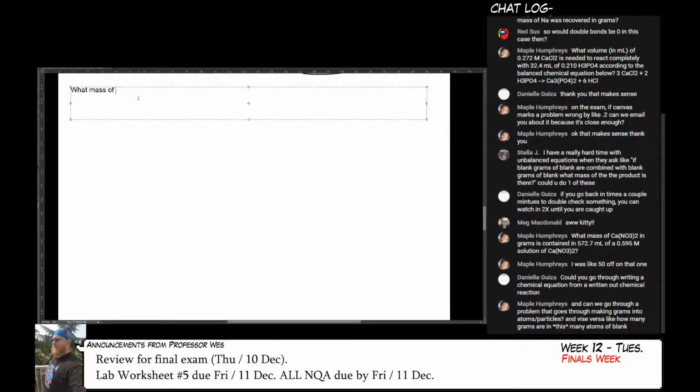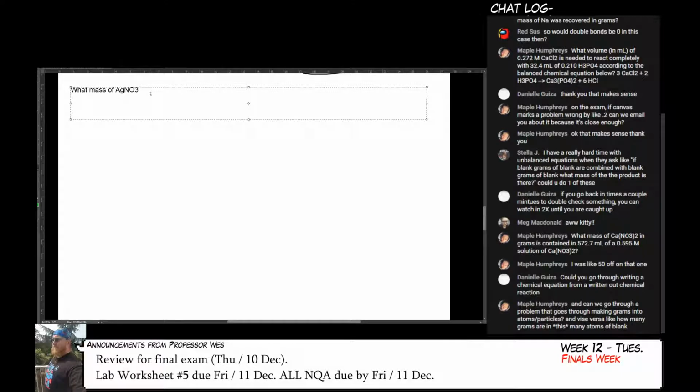What mass of AgCl? Or actually, no, that's insoluble. Hold on. AgNO3. I can't subscript, unfortunately.